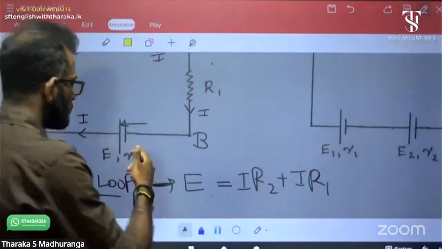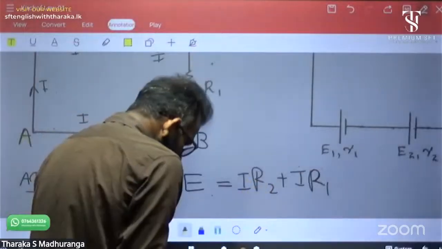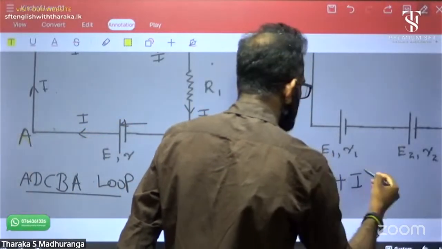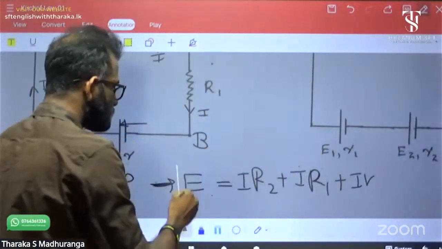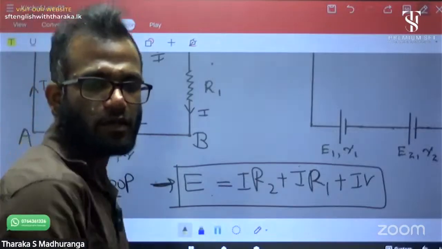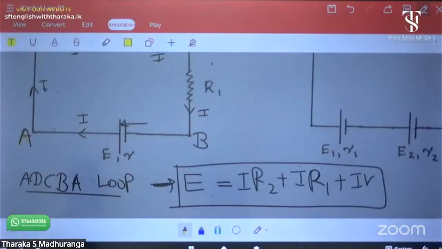Sorry, there is an internal resistance. My direction and current direction are the same, so I r. Okay, this is the Kirchhoff second law expression.